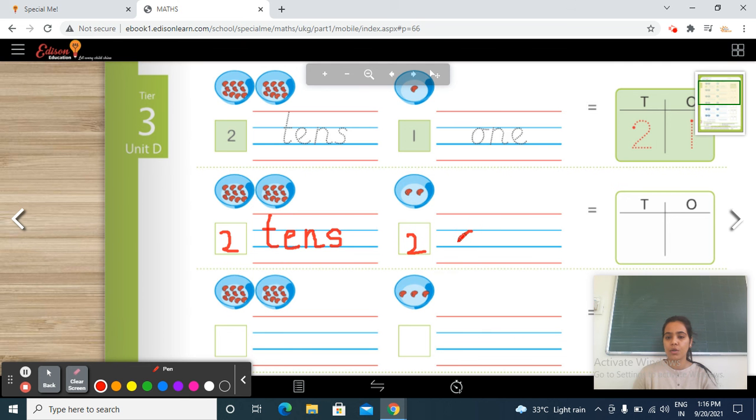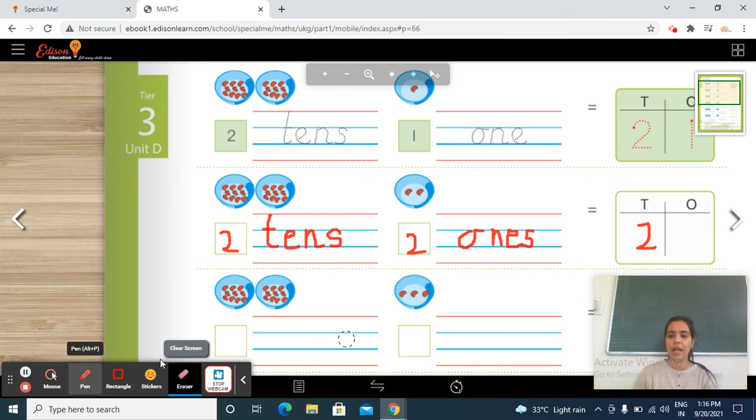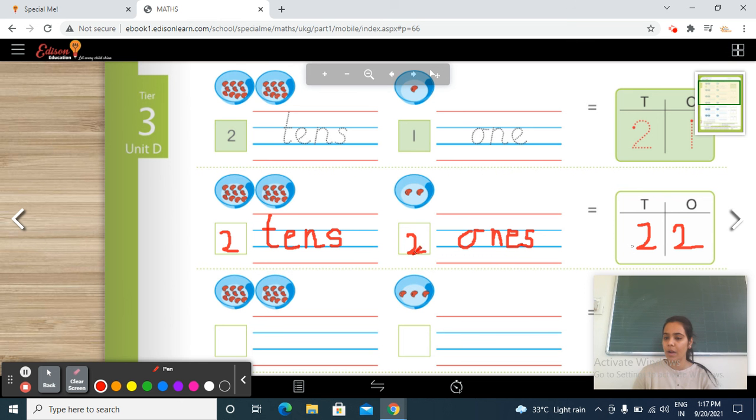Here you have to write O N E S, not two one, because it is two ones. And here we only have to write numerals, two, two. Two tens, two ones. You have to say it like two tens and two ones, right?